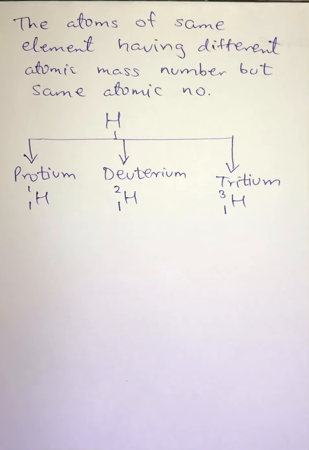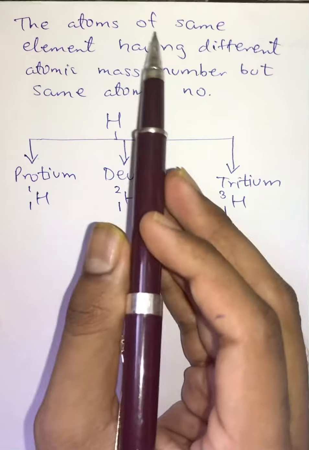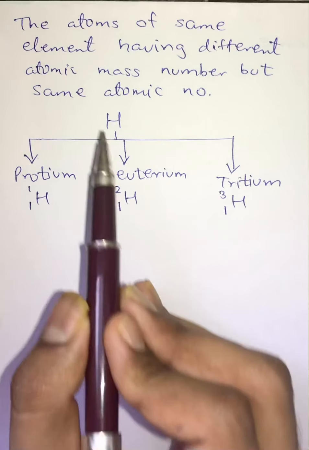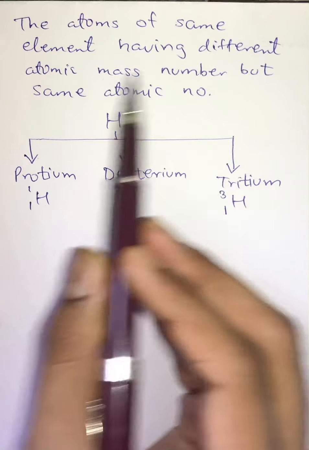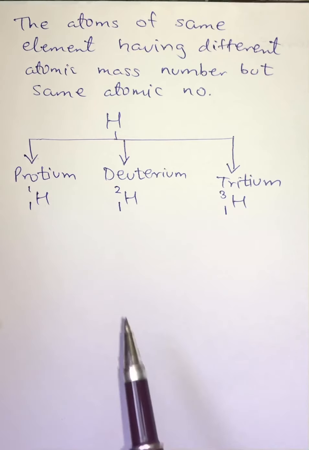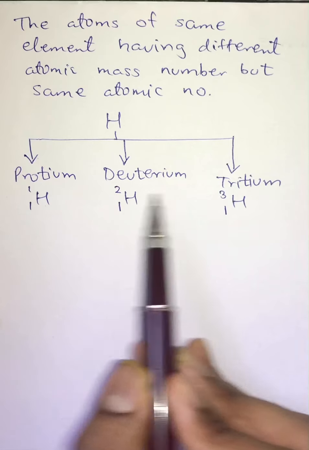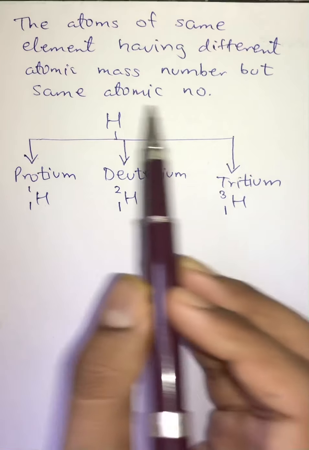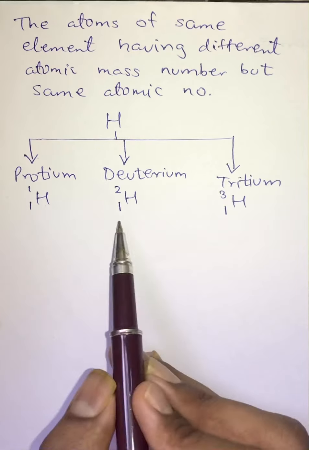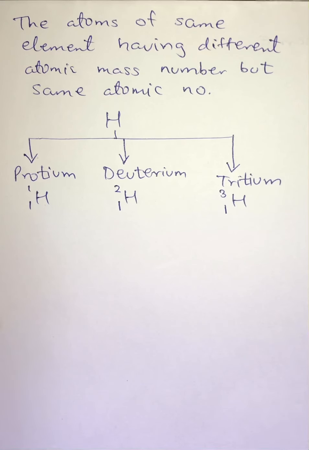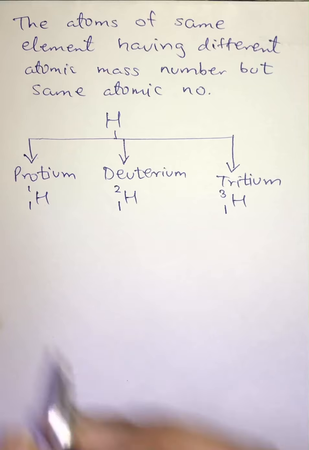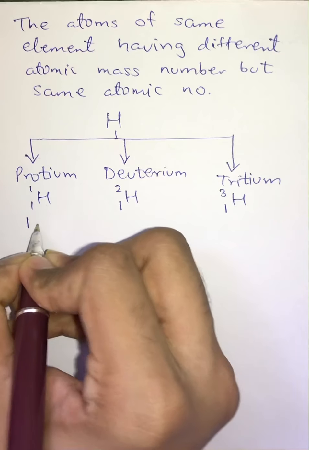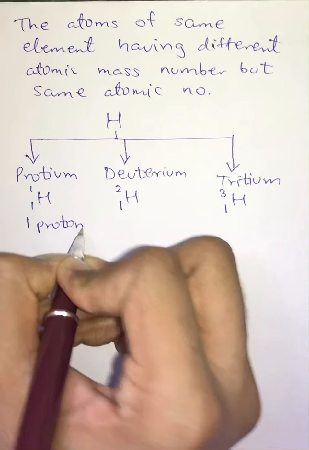This is what the definition states. The atoms of same element, which is hydrogen, having different atomic mass number, 1, 2 and 3, but same atomic number, 1, 1, 1. Now since we know the atomic number and atomic mass number, can I say there is 1 proton in protium?